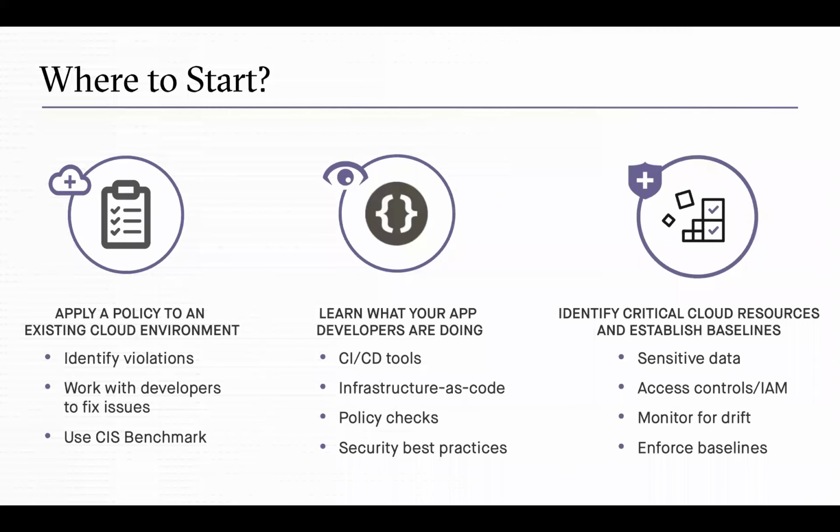Then you want to monitor for drift. One of the beautiful things about baselines is you're no longer monitoring or scanning for anything that smells funny. You're monitoring for things that deviate from known good. And then as you really start to mature, and we've seen folks go through this whole kind of life cycle in a matter of weeks, you can start to enforce those baselines in an automated way.